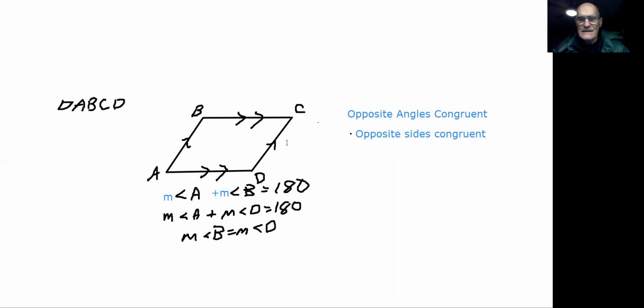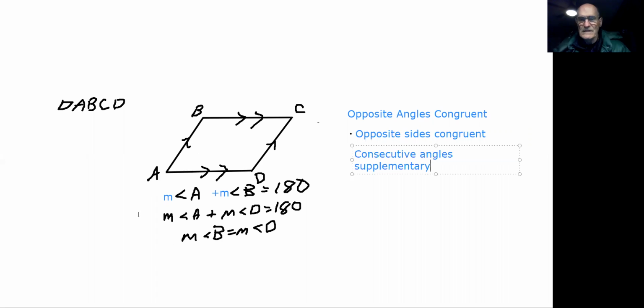The consecutive angles are supplementary. And that's basically what we used right here with this relationship, and that comes from parallel lines.